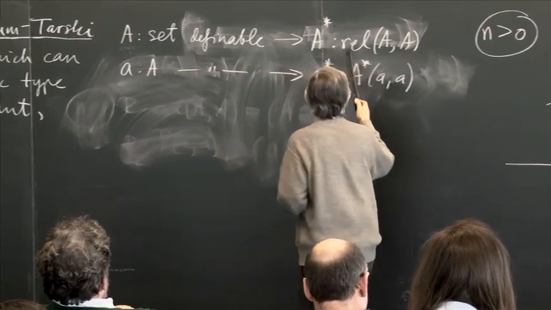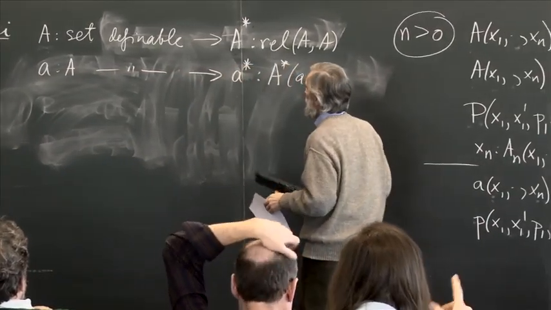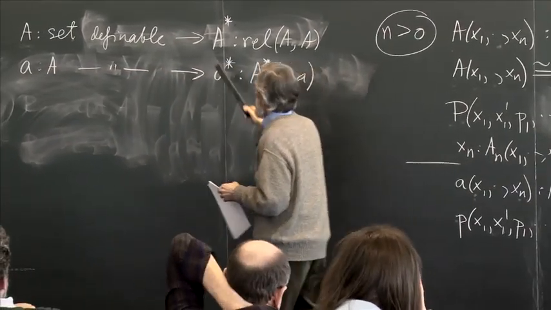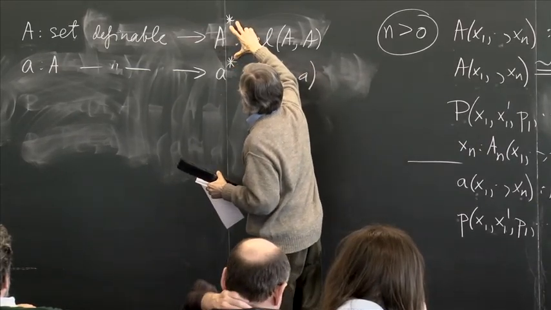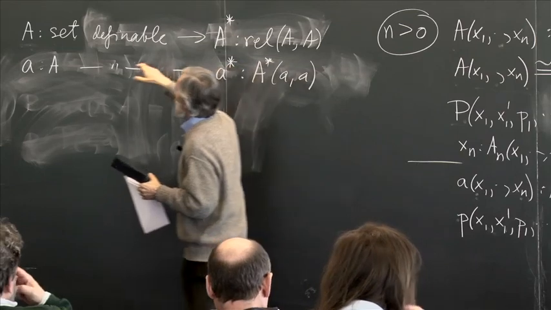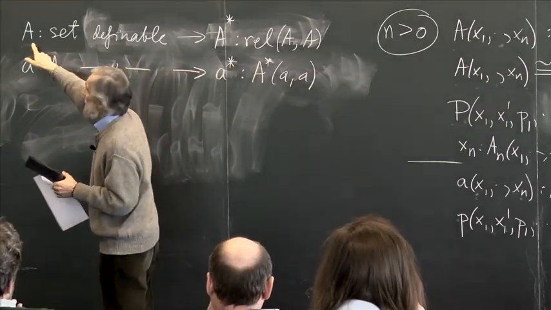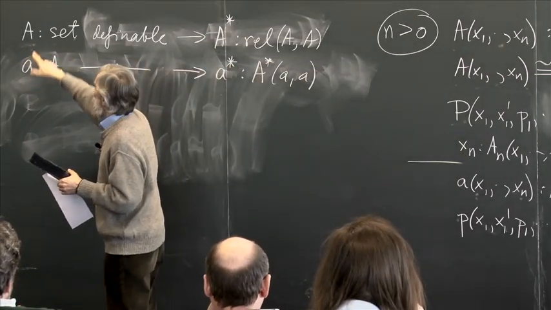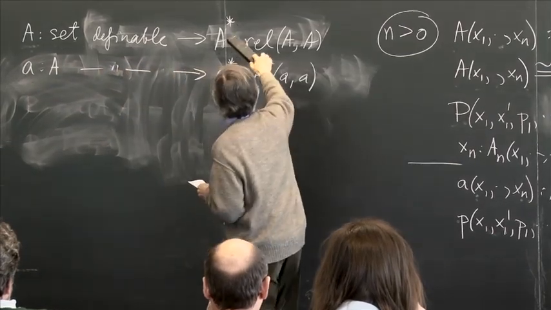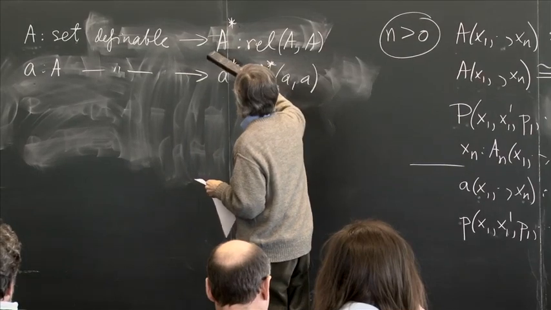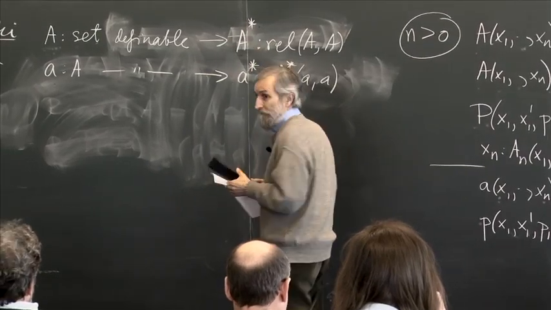Now this relation and this corresponding proof depends on the expression that defines capital A, respectively little a. So what stands under the star here should really be thought of as that expression.